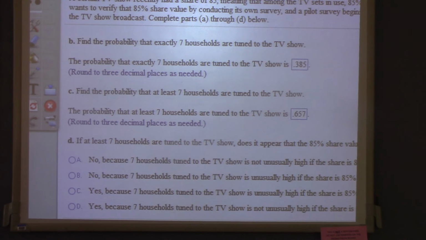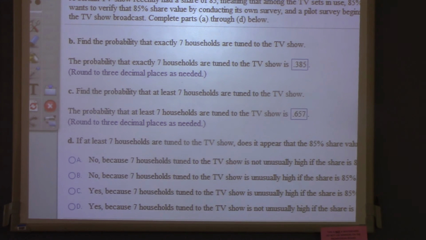Okay, people, yes or no. I say yes. I don't know what 85% share means. Does that mean that our number needs to be above 85%, or below? I would say that it needs to be below 85%. So in that case, it is not wrong.